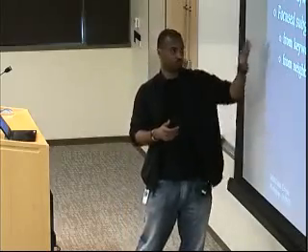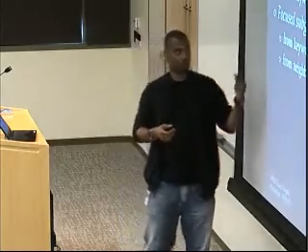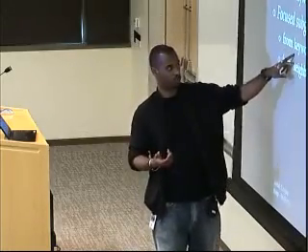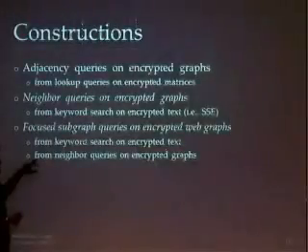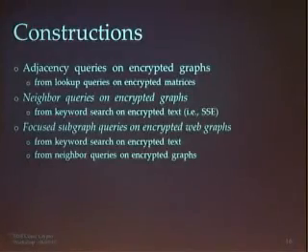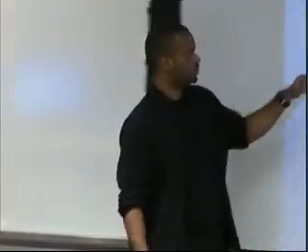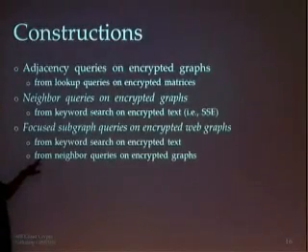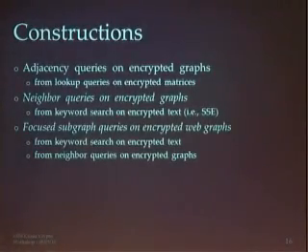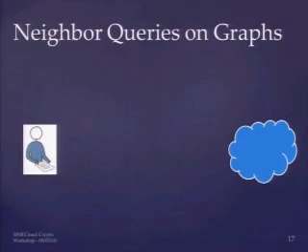And then, as I mentioned, we also do focus subgraph queries on encrypted web graphs, and for this we need a scheme that handles keyword searches on encrypted data, basically an SSE scheme, and a scheme that handles neighbor queries on encrypted graphs. I'll talk a little about how we do neighbor queries on encrypted graphs, and then how we do focus subgraph queries, depending on how much time I have.